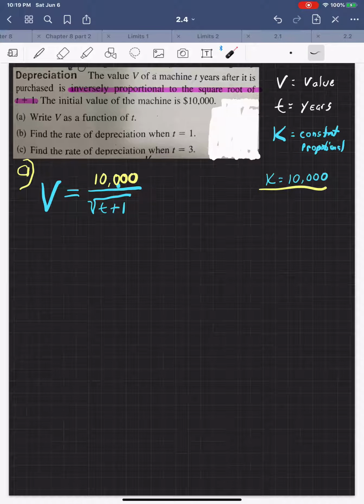Maybe you've even heard how much you would lose just as soon as you drive it off the parking lot, right? So you would expect the rate of depreciation, meaning the rate that you're losing value, to be really high in the beginning, right? That first year you lost a lot of that $10,000 in value of that car.